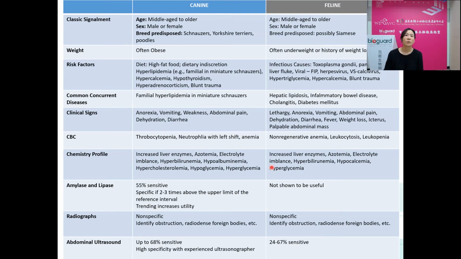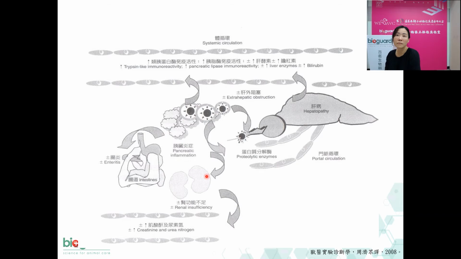So this table summarizes the classical signalment, the breed weight, the risk factors, and the clinical signs, as well as CBC, biochemistry findings, and some radiography or ultrasound findings, to help us together diagnose pancreatitis.